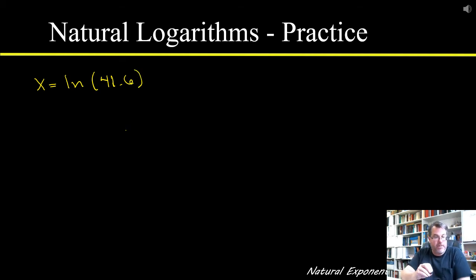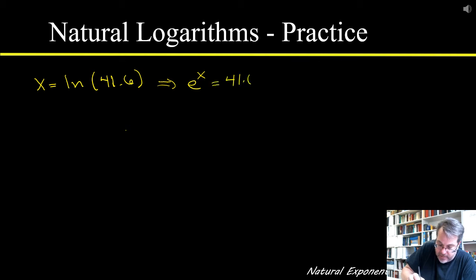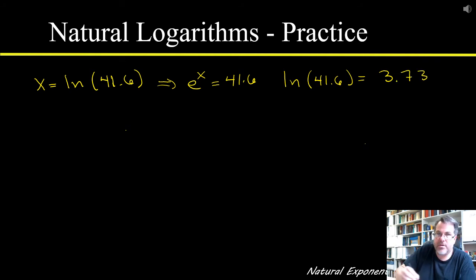So, log of 41.6 means there's some number x such that e to the x equals 41.6. In order to solve that, use the ln key on your calculator, natural log of 41.6, and you should get 3.73.